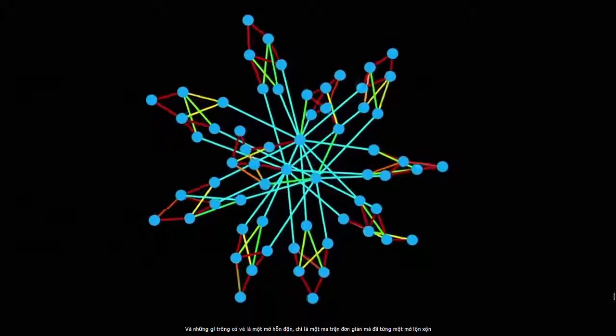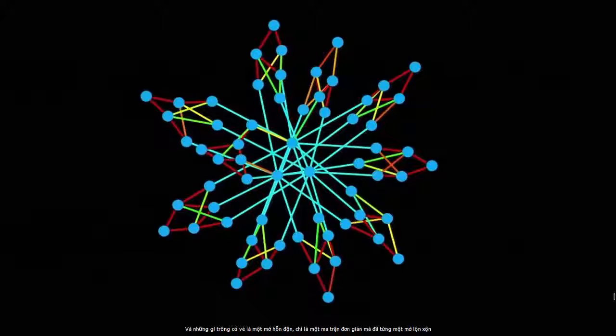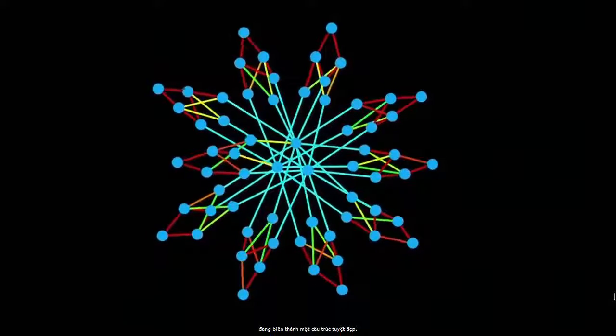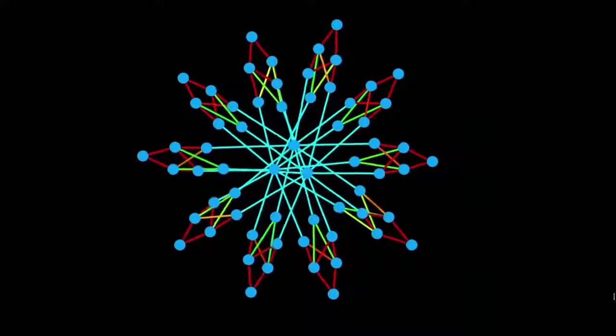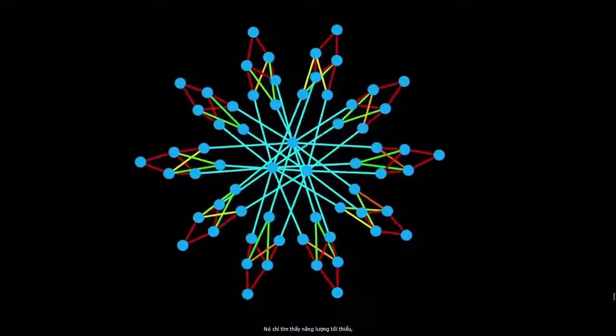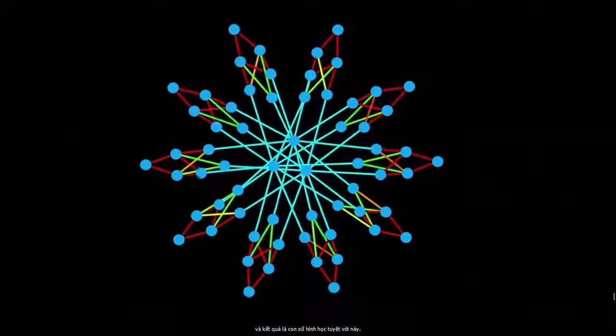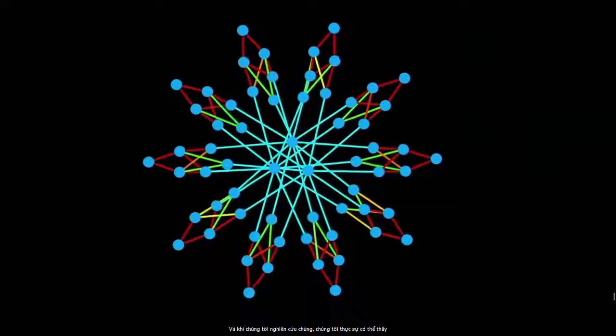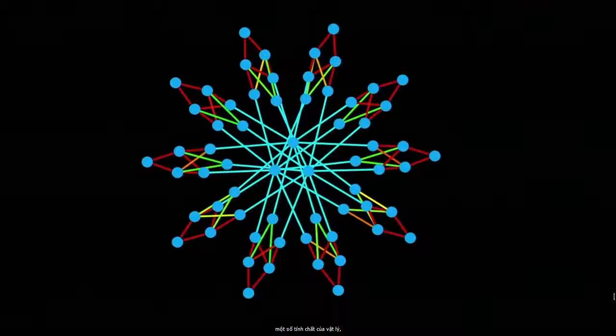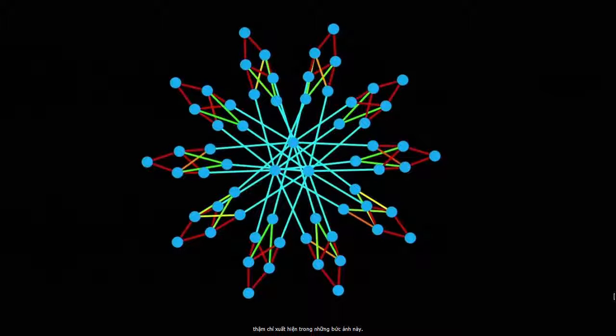And what looked to be a mess, just a simple matrix that was messy, is turning into a beautiful structure. It just finds its minimum energy, and out comes this fantastic geometrical figure. And when we study them, we can actually see some of the properties of the physics even coming out in these pictures.